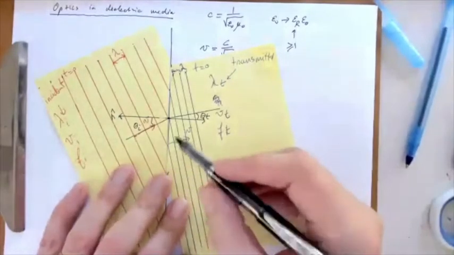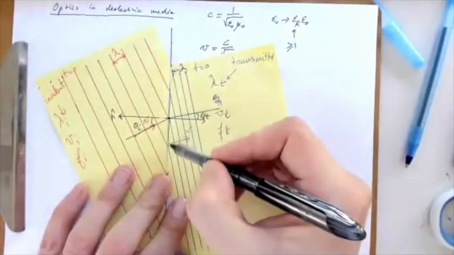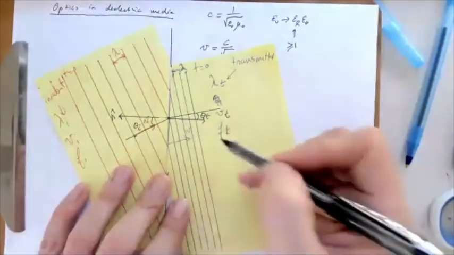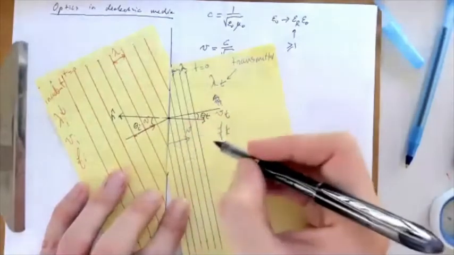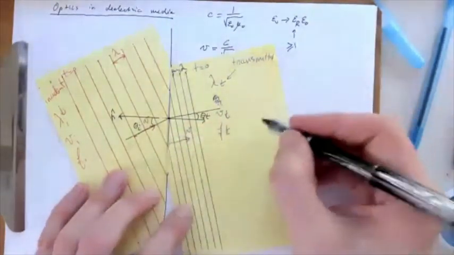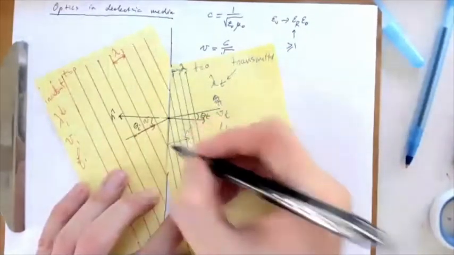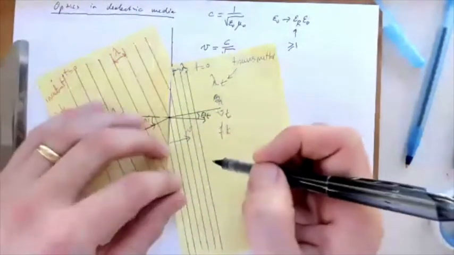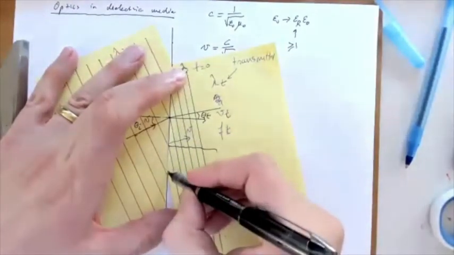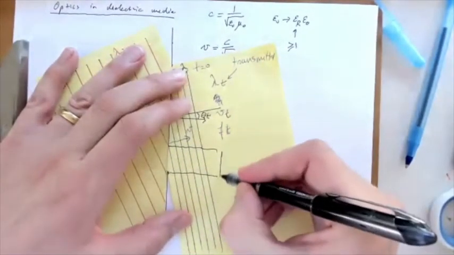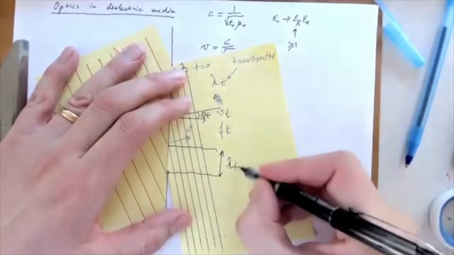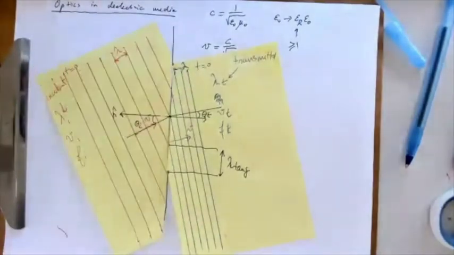So if the distance between here and there is the same on the left side as it is on the right side, we just need to analyze this problem in terms of trig. So if we call this distance from here to there the tangential wavelength, we're going to call this lambda tangential.